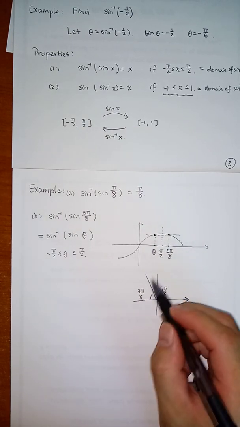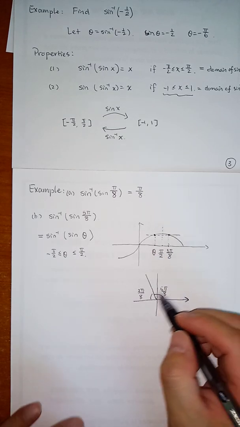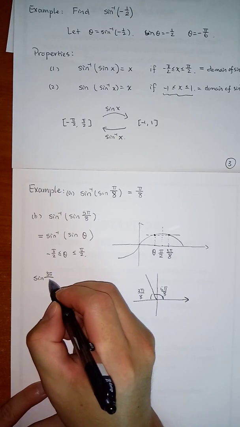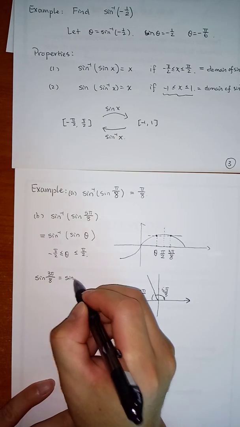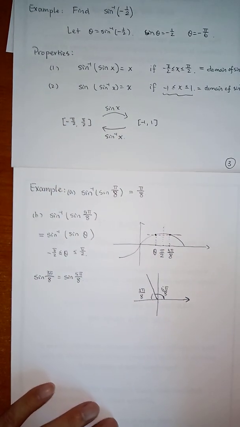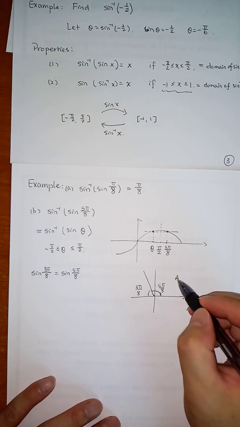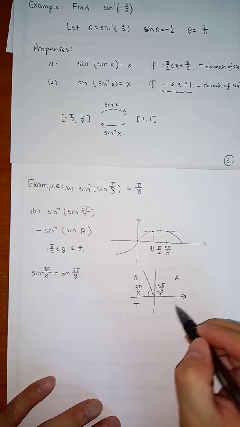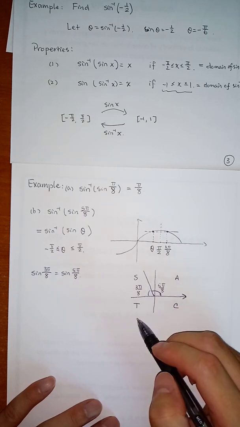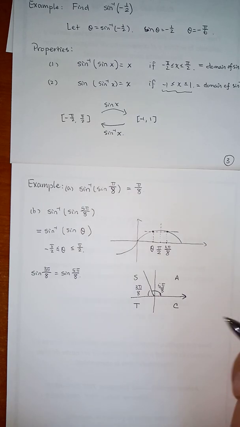You know that sine 3 pi over 8 is equal to sine 5 pi over 8, because it's in the second quadrant. Second quadrant, remember, A, S, T, C. All the trig values are positive in the first, sine is positive, tangent positive, cosine positive, right? A, S, T, C.